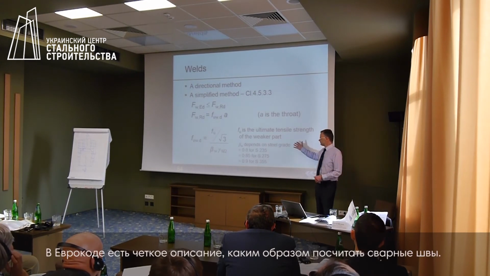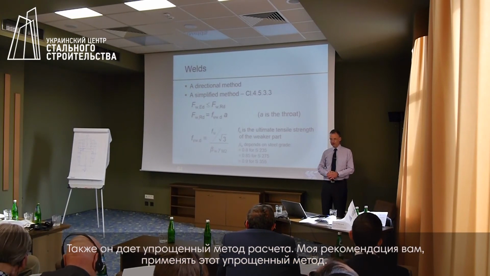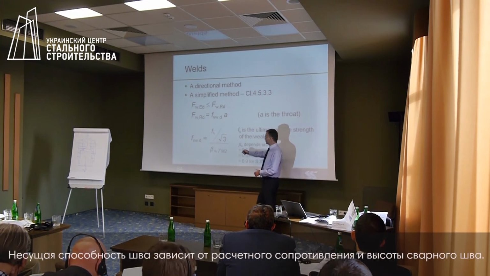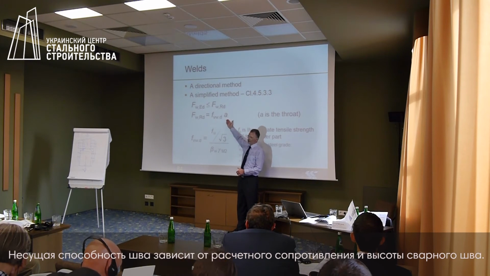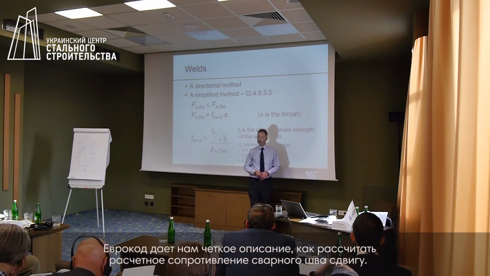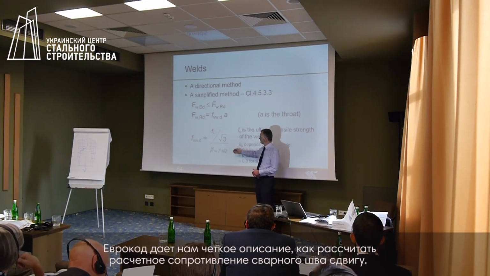The Eurocode then has a directional method to calculate the strength of a weld, and it also has a simplified method, and I would recommend the simplified method. The strength of a weld depends on the weld strength and the throat dimension. And the Eurocode tells us precisely how to calculate the weld strength.